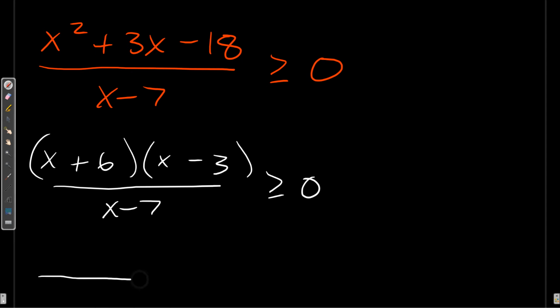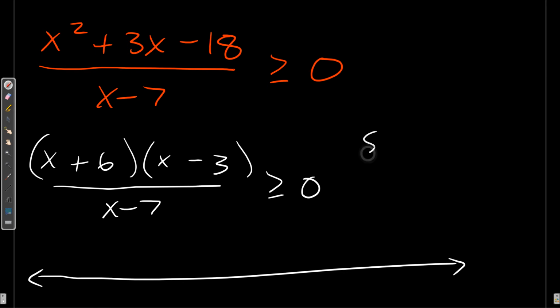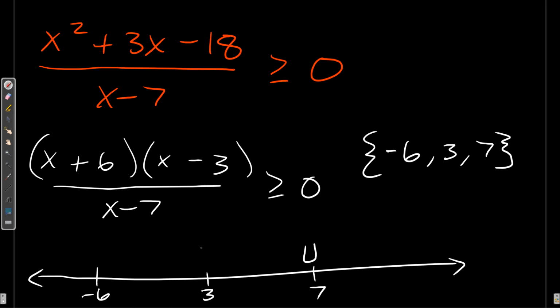Okay, I draw my number line. I recognize that my partition points are the collection -6, 3, and 7. So there's -6, there's 3, and there is 7. This is where it's undefined, this is where it's 0, and this is where it is also 0.